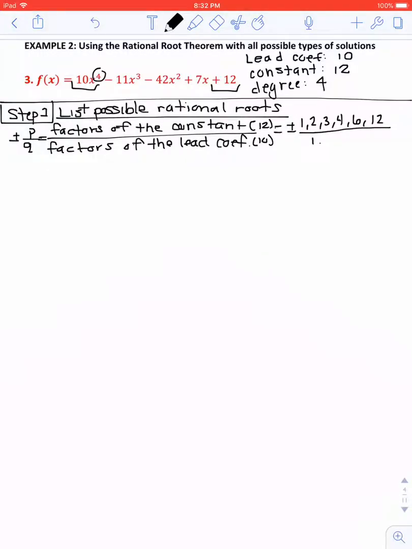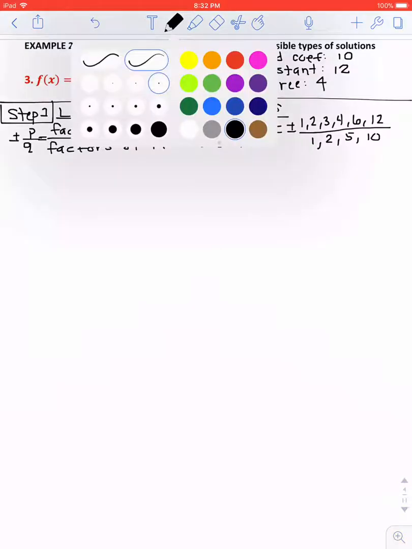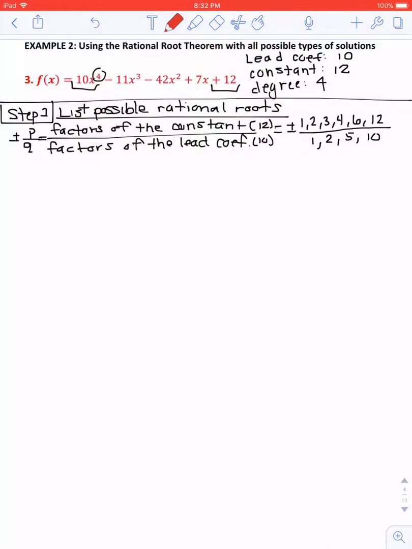A little more complicated because I have 1, 2, all right, there's a 2, 5, and 10. All right, so again, it's a step up in complexity because we have 4 different denominators that we have to deal with when we make our actual list.